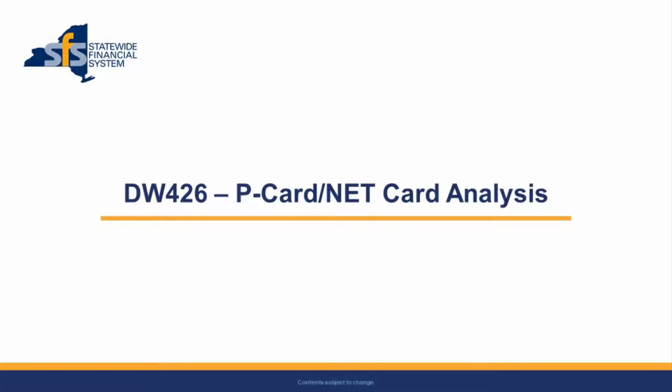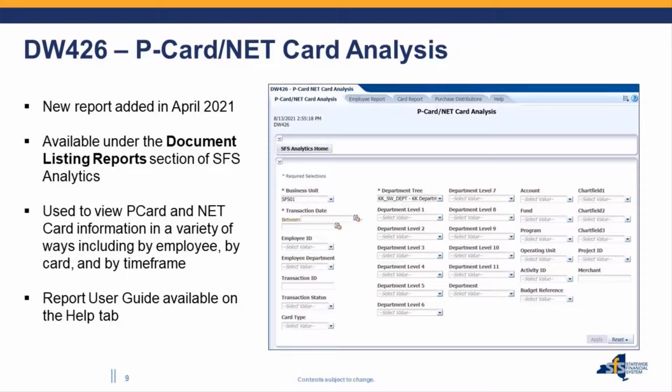All SFS Analytics reports have a Help tab that you can click on to access the report user guide. Now an overview of the new DW426 P-card, net card report. This was added just this past April in 2021, and it's also under the Document Listing Report section of SFS Analytics.